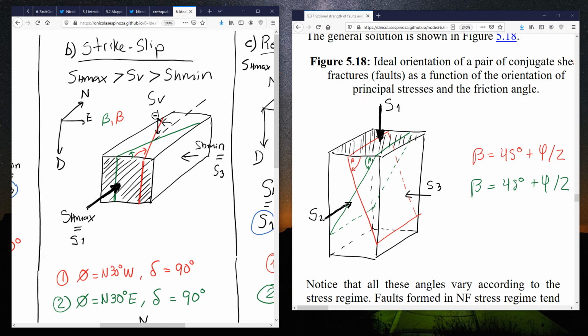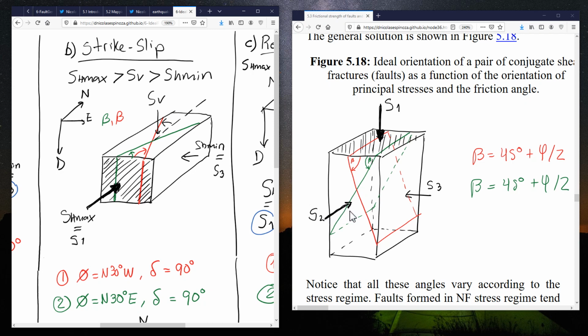Another way of seeing this is that the plane of the failure is going to contain the intermediate stress. So let's come back over here, and this in this plot is a little bit easier to see. Notice also that for this least energy configuration, the plane of the fault, either the red or the green, is parallel to the intermediate stress.